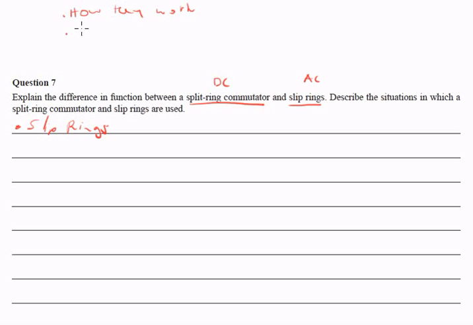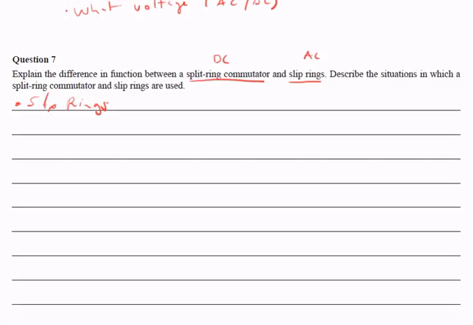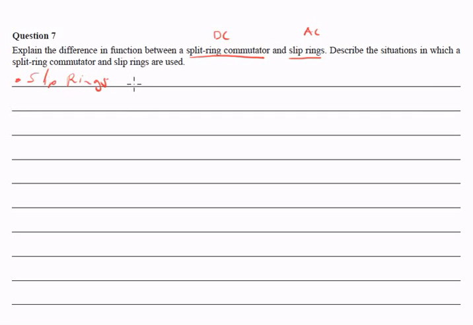and then I'm going to say what voltage they give out. So is that AC or is it DC? So how they work. Slip rings maintain contact with the same external connection.